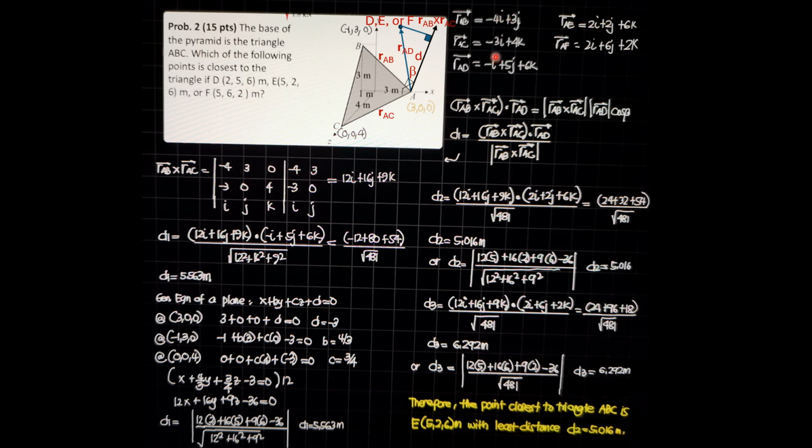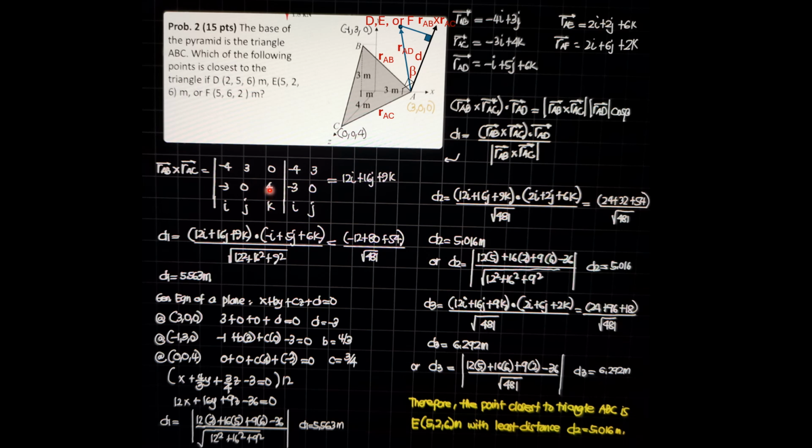Components of RAC, negative 3, 0, 4, copy negative 3 and 0, then the components of the unit vectors I, J, K, copy I, J. So expanding, this is 3 times 4, 12I, minus 0I, so 12I, then 0J, minus negative 16. 4 times negative 4 is negative 16.